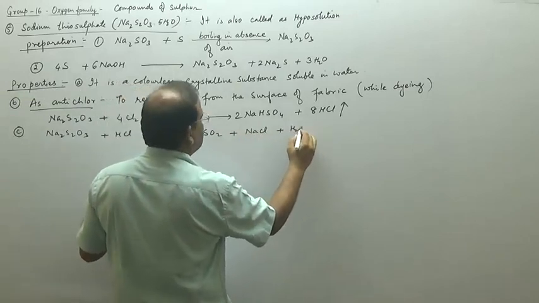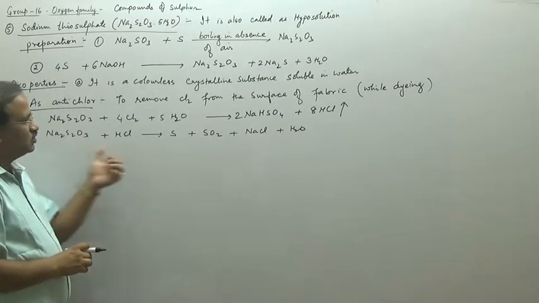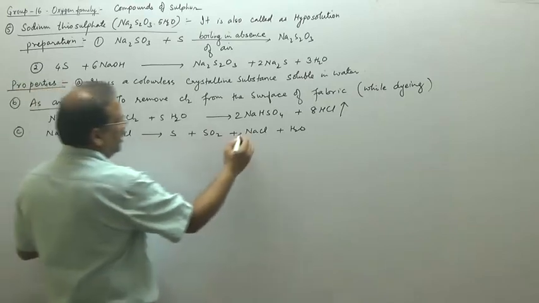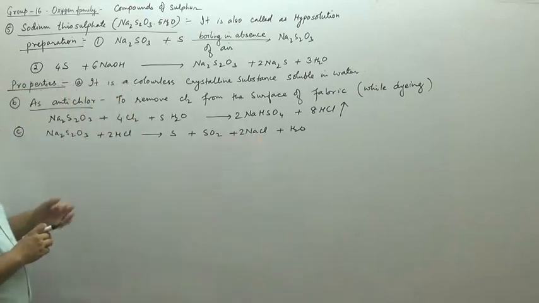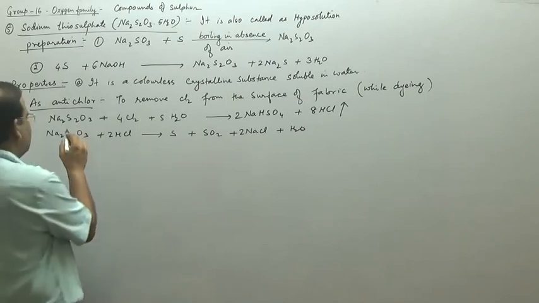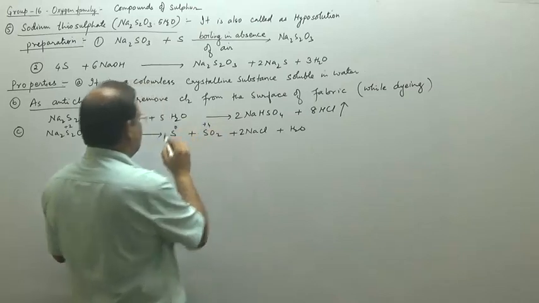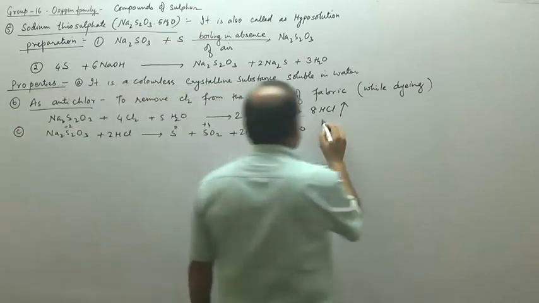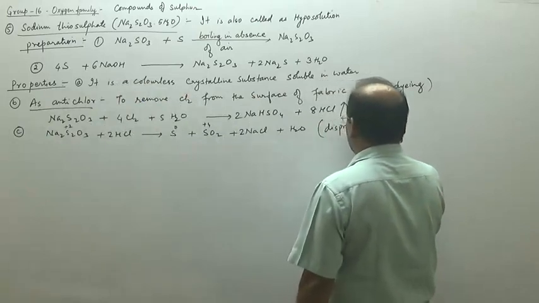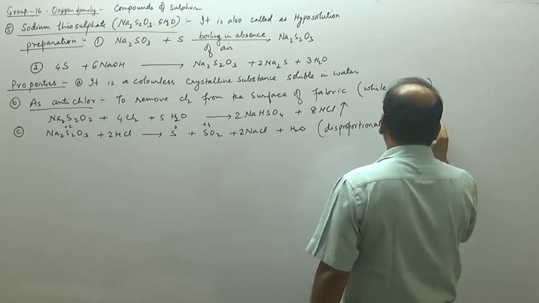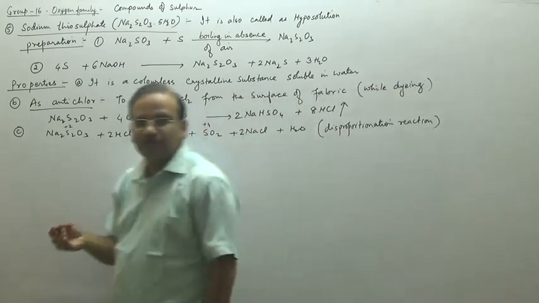When it is treated with HCl, it gets converted into SO2, H2O and NaCl. In this reaction, sulfur is in the plus 2 oxidation state and goes to plus 4 and to 0 oxidation state. So it is a disproportionation reaction.